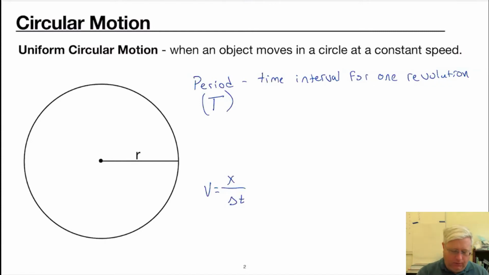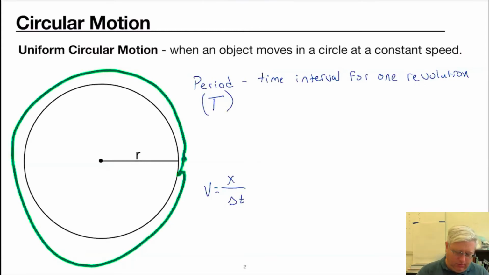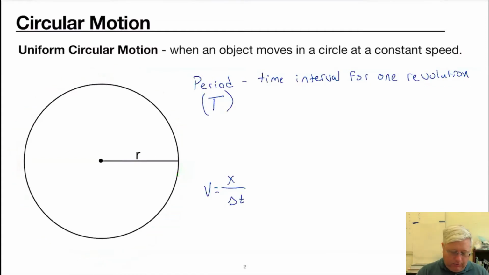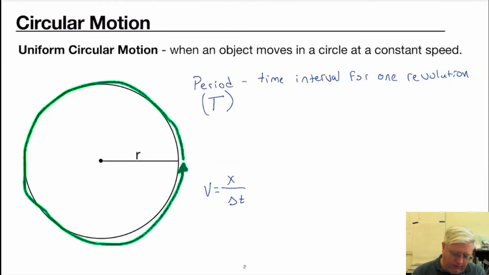So if it goes one full rotation, okay, we might say, well, displacement would say it ends up right back where it started, so it's zero. But we're not dealing with displacement yet. And it's going to be a little bit different here for circular motion. But essentially, what is this distance that's traveled? Right? It's the circumference of the circle.